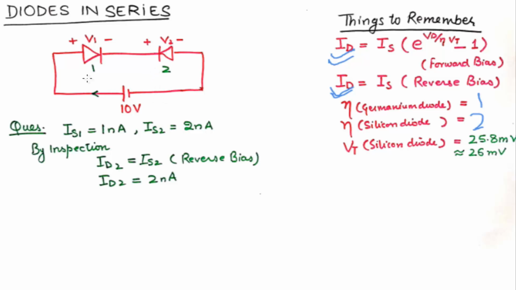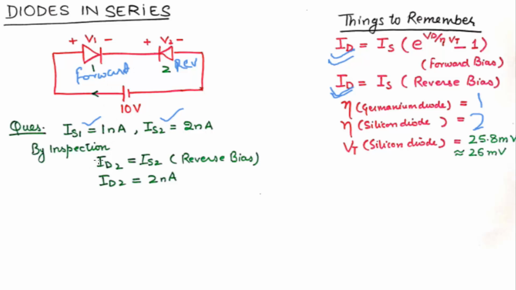For example, if you get this kind of a question where the saturation current for diode 1 is given, saturation current for diode 2 is given, you need to figure out which diode is in forward bias and which diode is in reverse bias. If you have the positive of the diode connected to the negative terminal, it is in reverse bias, and if you have the positive of the diode connected to the positive of the battery, it is going to be in the forward bias position.